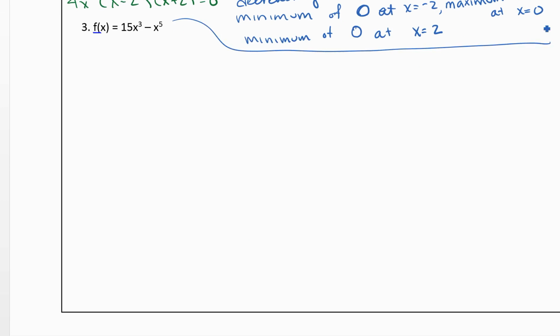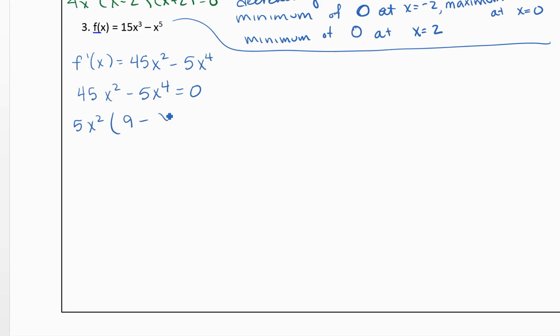So we're going to look at 15x cubed minus x to the fifth. So the derivative, 45x squared minus 5x to the fourth. If we set that equal to 0, we can pull out a 5x squared, which is going to give us 9 minus x squared equals 0.